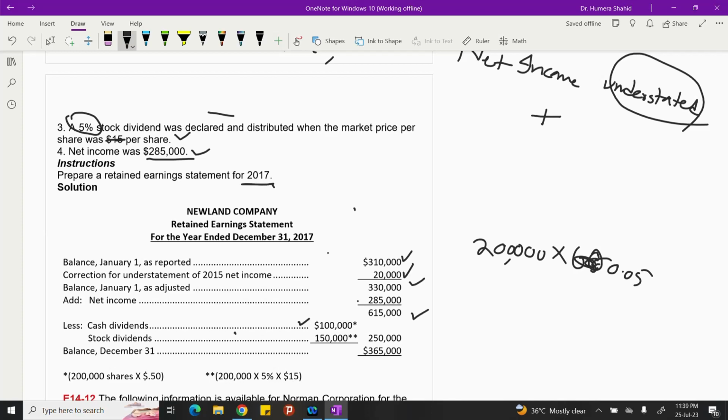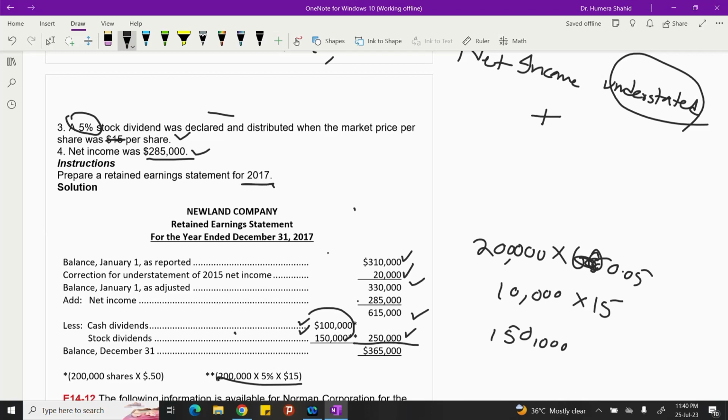So the new shares will be 10,000 new shares. The market value is 15. So how much stock dividend will be there? That will be 150,000. I did the calculation here as well. Stock dividend is 150,000. Add these two, that is 250,000.